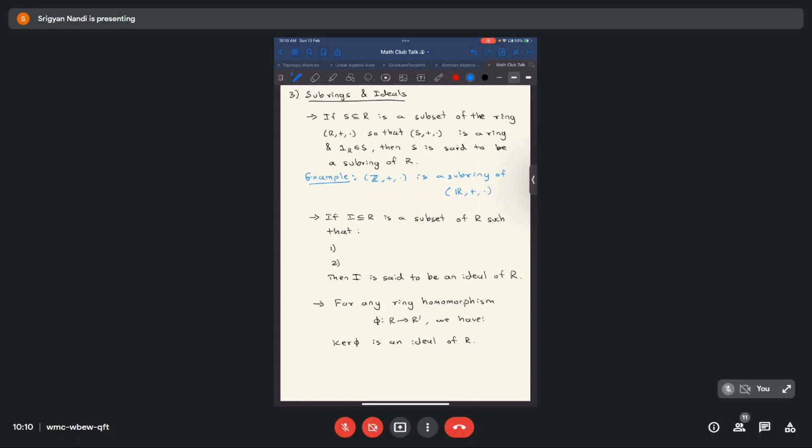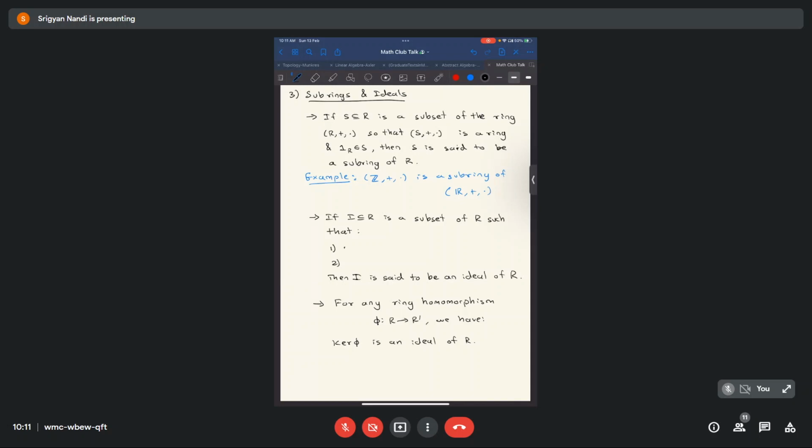Some of the main subsets of rings that we are rather more interested in while doing commutative algebra and module theory are actually ideals, which do not have a very constructive or intuitive definition, but we'll see later why they're so important. So, if we define an ideal I to be a subset of R that satisfies the following two properties.